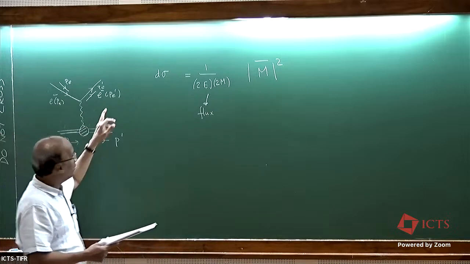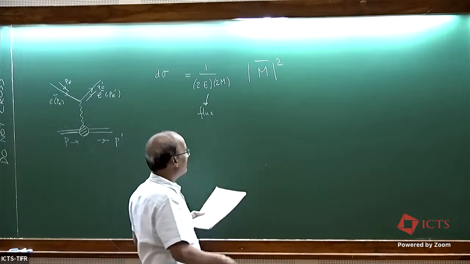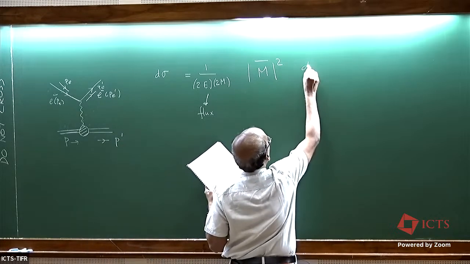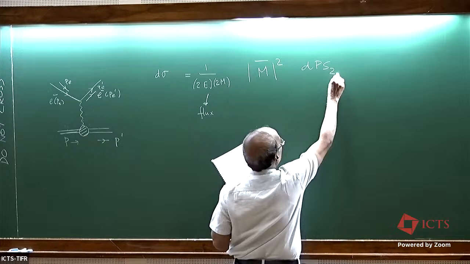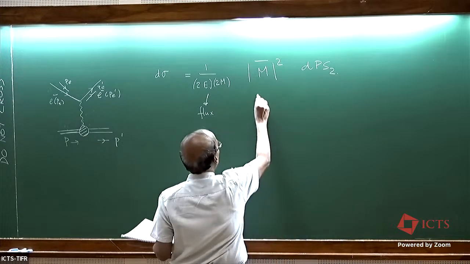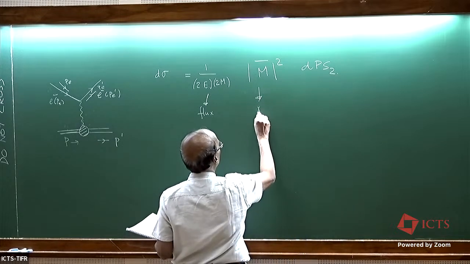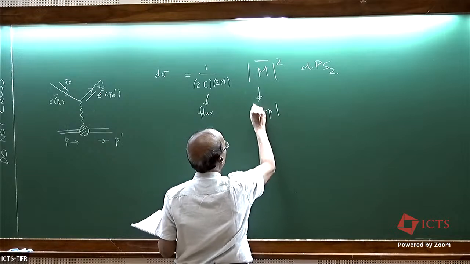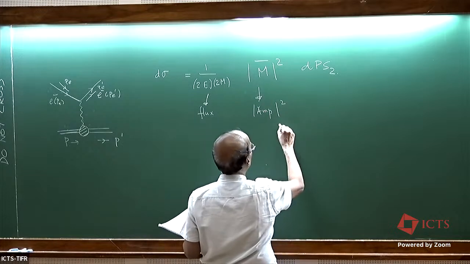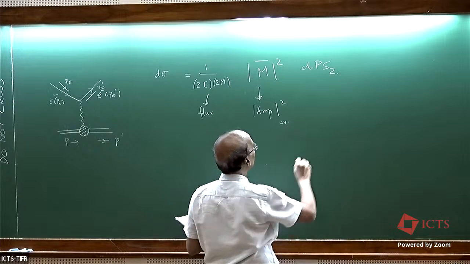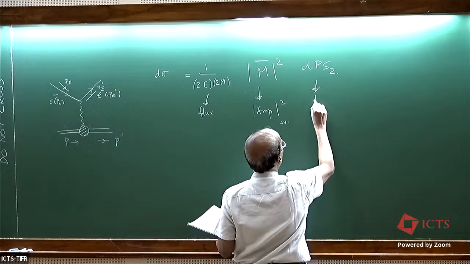Similarly, I will have to look at the final states, and what I'm going to do with them is called phase space. So this is the amplitude squared with all possible averages, and this part is called the phase space.